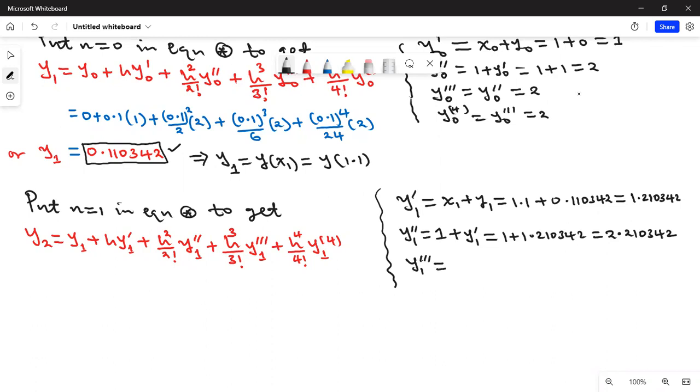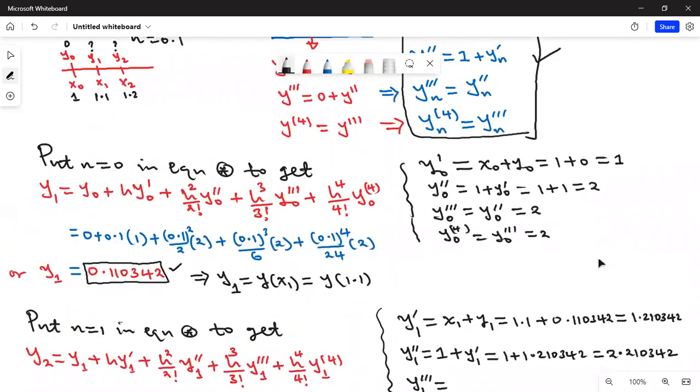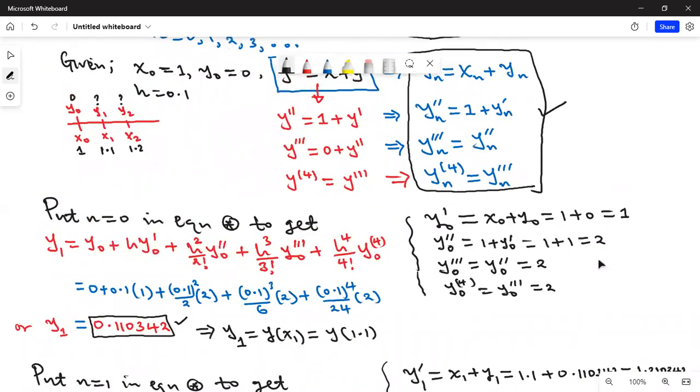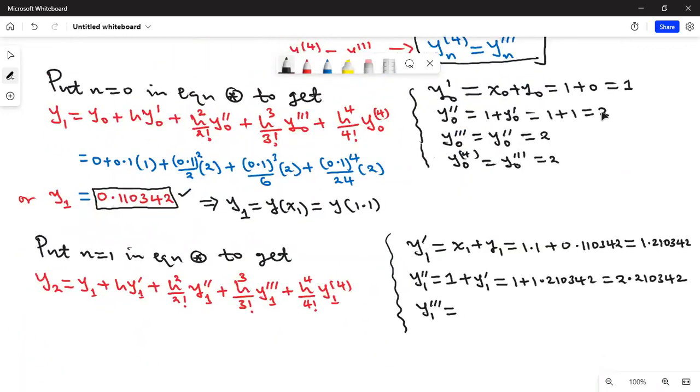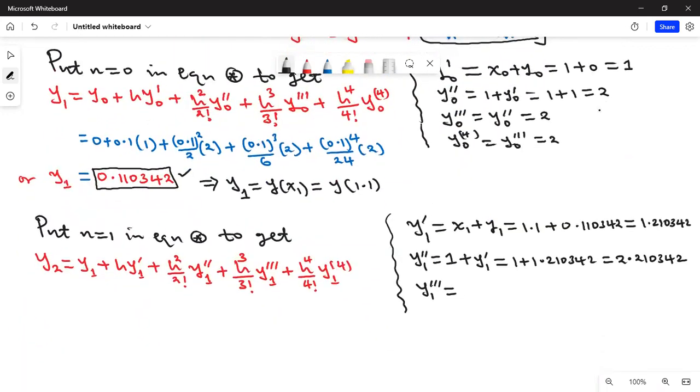Proceed y1 third prime. Look at our derivatives. Y1 third prime will give us y1 double prime, the same as y1 double prime, which we have found 2.210342. And finally, y1 fourth derivative is the same as, look at our derivative.